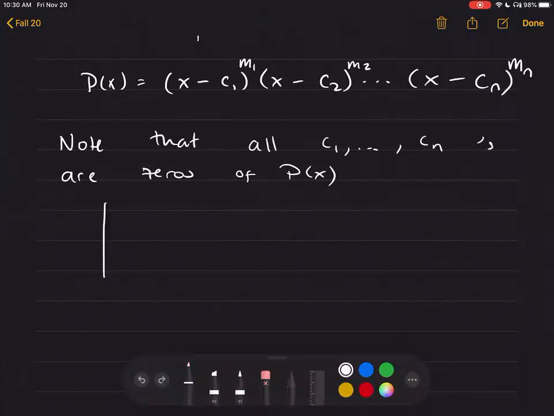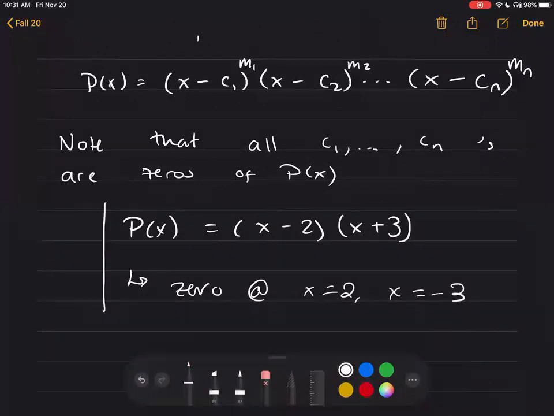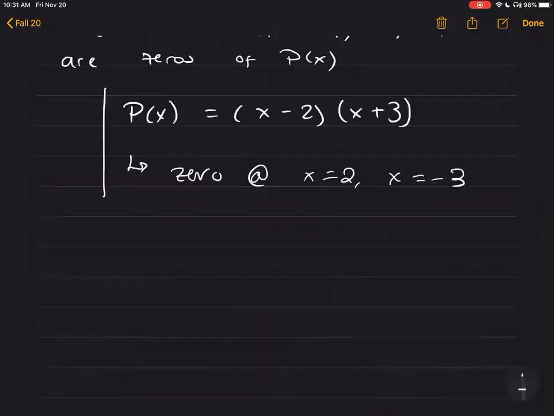Maybe to visualize this a bit better, let's see an example real quick. If we look at p of x equals something simple like x minus 2 times x plus 3, then we have a 0 at x equals 2 and x equals negative 3. Standard stuff using the zero product property. We've been doing it this entire time.